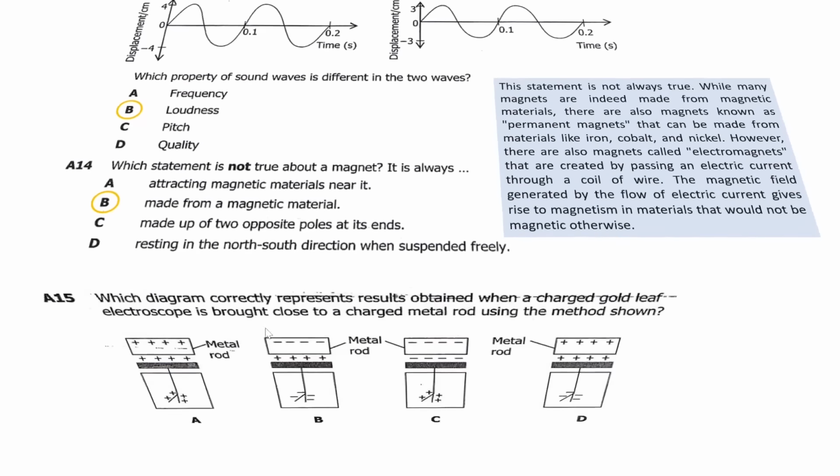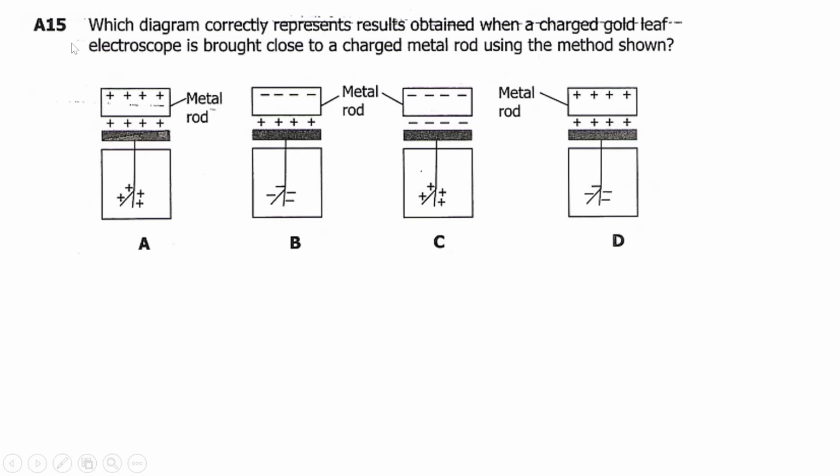We move on. So A15 says, which diagram correctly represents results obtained when a charged gold leaf electroscope is brought close to a charged metal rod using the method shown? So here there are two things that you must look into very carefully.